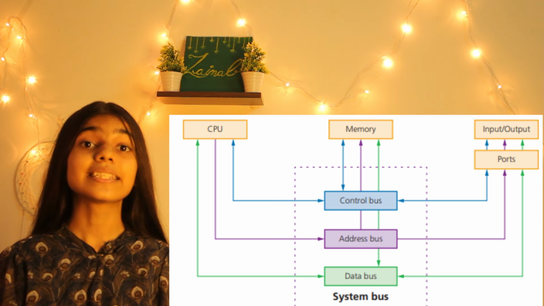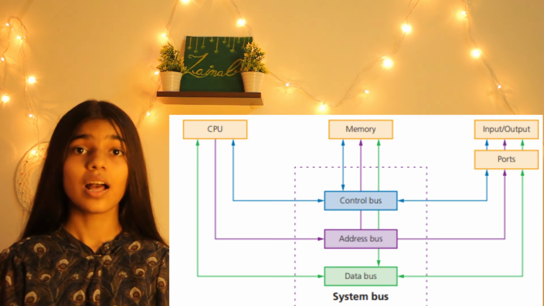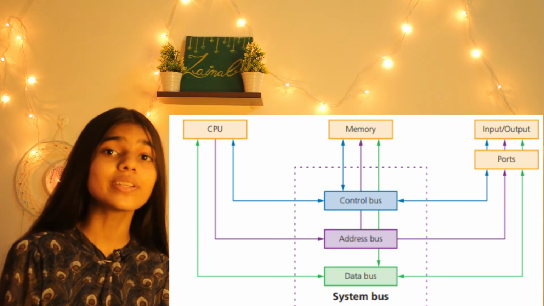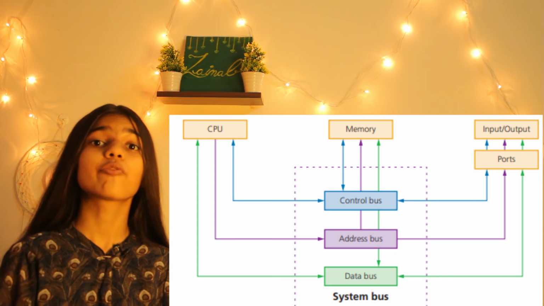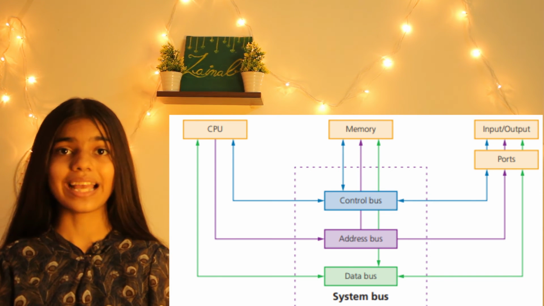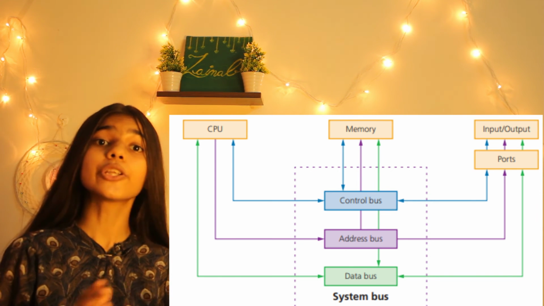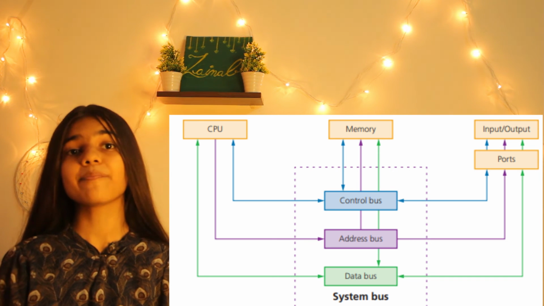Data bus. The data bus is bidirectional, allowing data to be sent in both directions along the bus. This means data can be carried from CPU to memory and vice versa, and to and from input-output devices. It is important to point out that data can be an address, an instruction, or a numerical value.